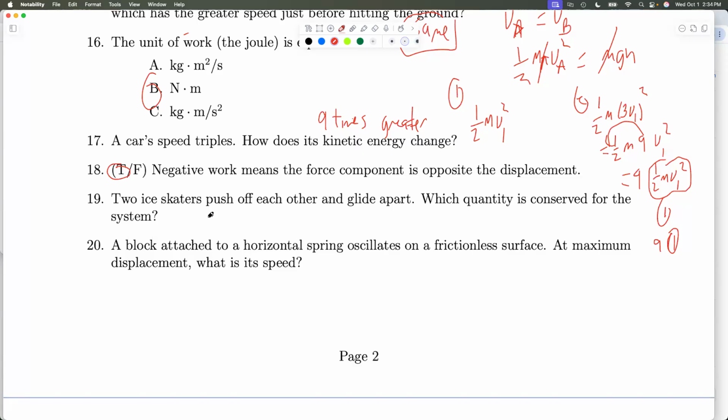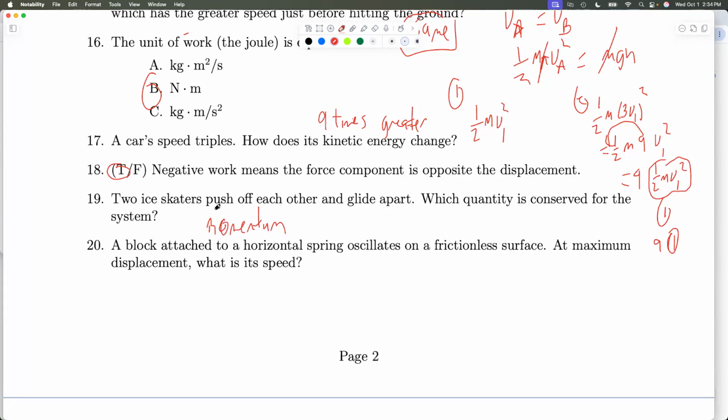Okay, so 2 ice skaters are standing in the middle of a rink. They have no kinetic energy. Then they start moving, suddenly they have kinetic energy. Kinetic energy is clearly not conserved. Momentum's always conserved. Because remember, momentum is a vector.